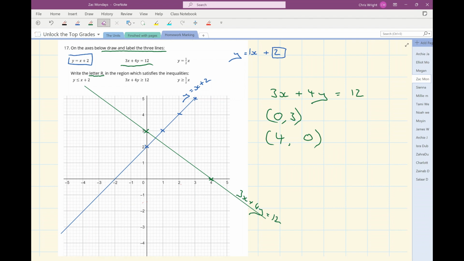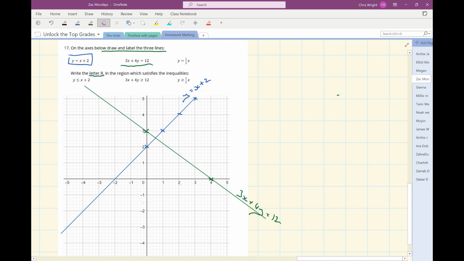Okay, now I'm going to draw and label the line y equals a half x. Now, when I'm thinking about this one, I'm going to do a quick table of values, I think. So if x is 2, if x is 4, and if x is 0, okay, well if x is 2, y is a half x, so y would be 1. If x is 4, y would be 2.